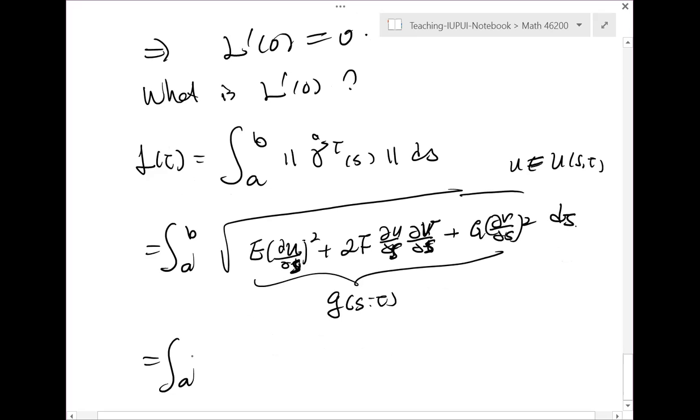Okay, so it's going to be G of S tau to the 1/2 ds.